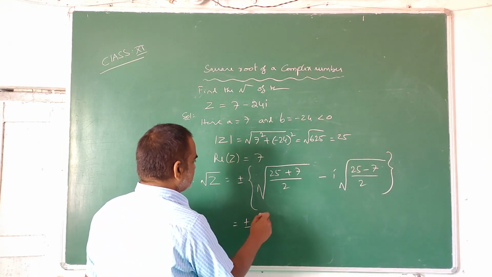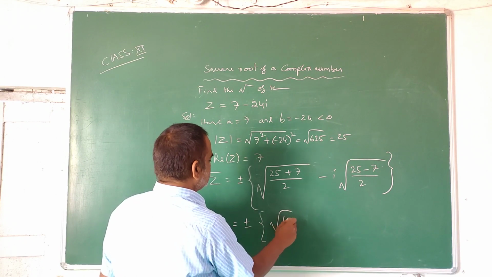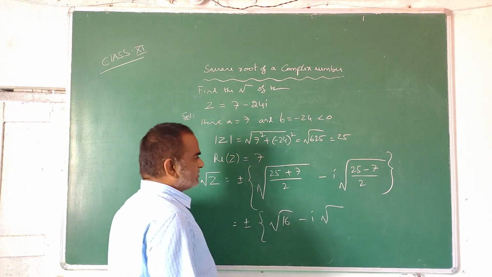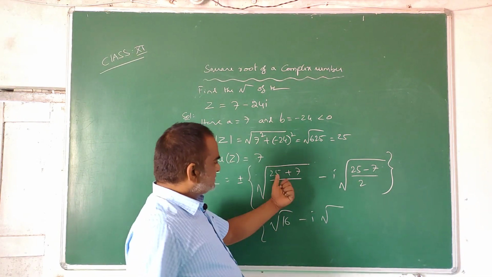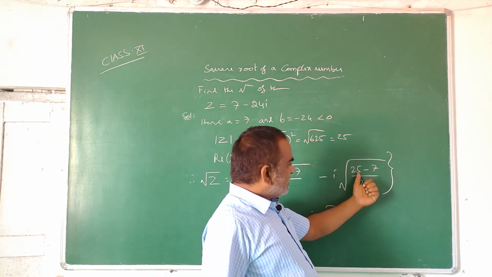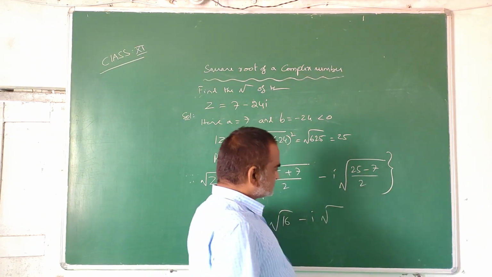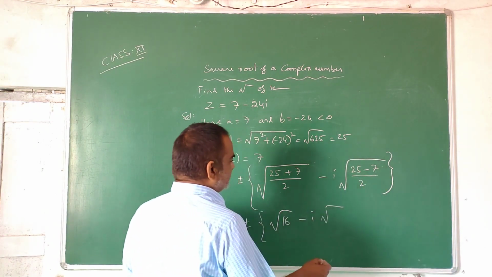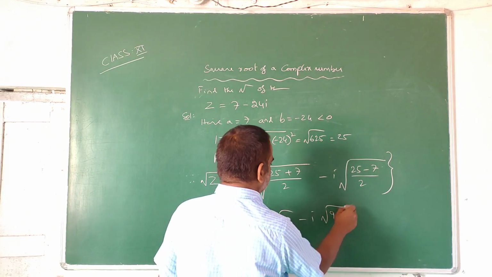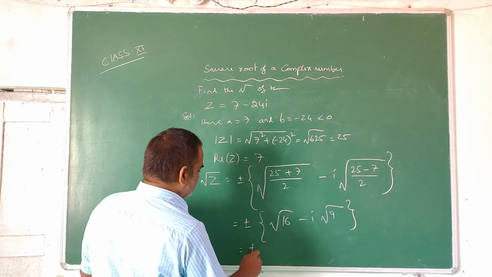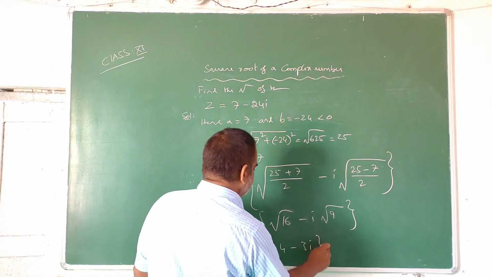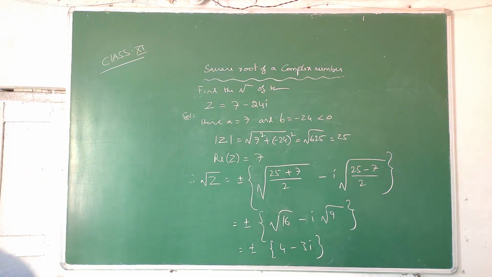So it is plus or minus root 16 minus i into root 9: 25 plus 7 is 32, 32 by 2 is 16. Now 25 minus 7 is how much? 18. 18 by 2 is 9. So this is plus or minus (4 − 3i). This is the answer. Understood?